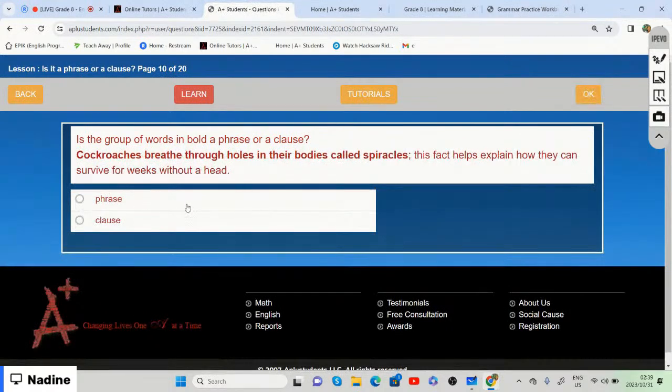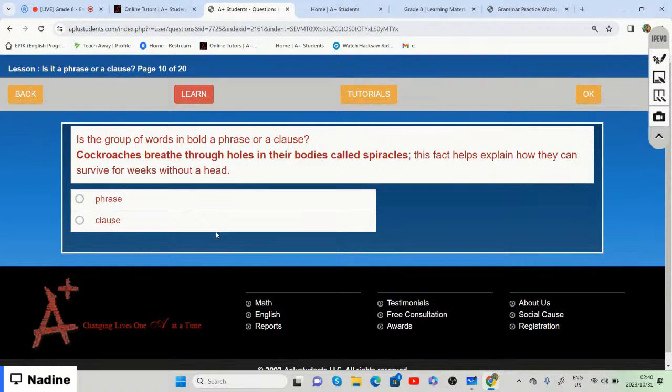All right. And then, cockroaches breathe through holes in their bodies called spiracles. Did you know that? This fact helps explain how they can survive for weeks without a head. So we need to say if this group of words is a phrase or a clause.